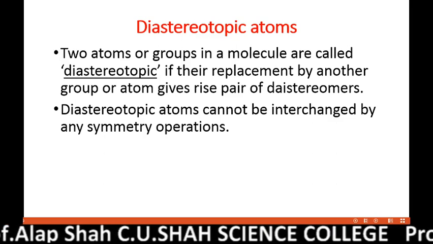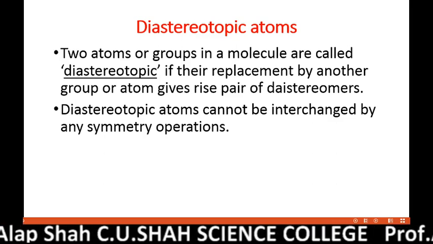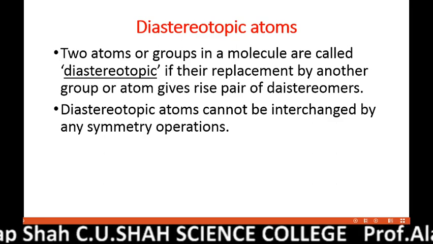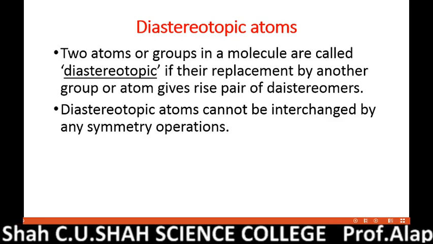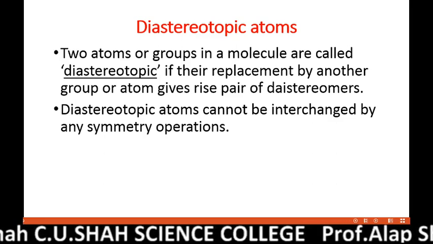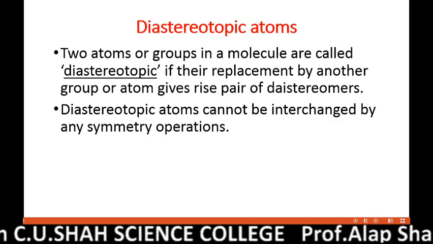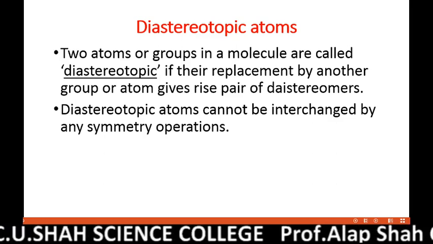If they are interchanged by an Sn operation, they are enantiotopic. And if they are not interchanged by any symmetry operation, then they are called diastereotopic atoms.